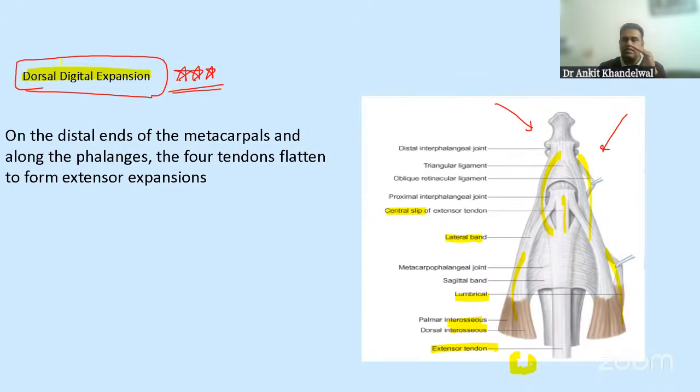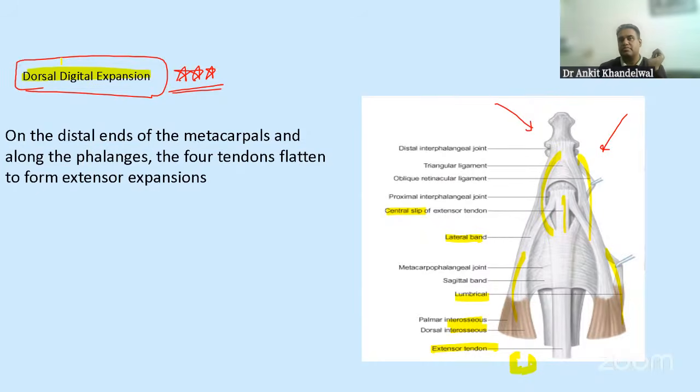This is the action of the lumbricals. The lumbricals will do what? They will flex at the MCP and extend at the IP joint. Similarly, the interossei do adduction and abduction of the fingers. So extensor digitorum basically acts at the MCP joint only. If you're thinking that the extensor digitorum is extending the IP joints of the fingers, no. The IP joints of the fingers are basically extended by the lumbricals and interossei.